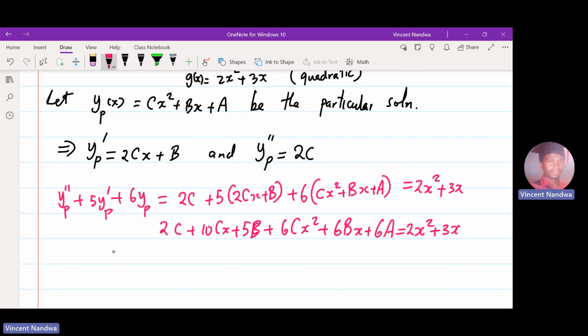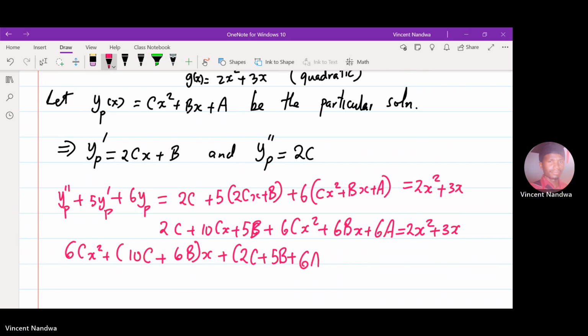So you can rewrite this as 6c x squared plus (10c plus 6b) x plus (2c plus 5b plus 6a) equals 2x squared plus 3x.